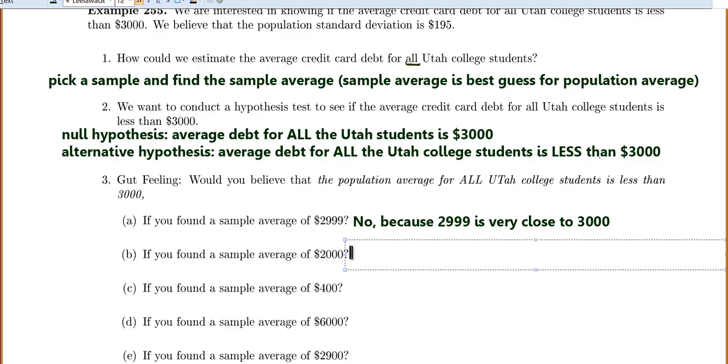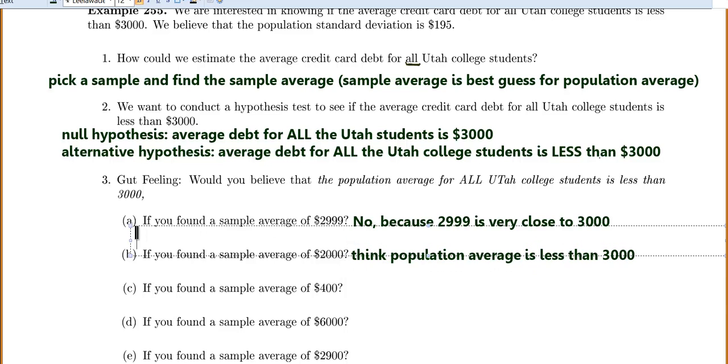What if you found a sample average of 2,000? Would you believe that the population average is less than 3,000? Well, 2,000 is really different from 3,000, and I would be really suspecting that the population average is less than 3,000, because a sample average of 2,000 is very different from my hypothesis of 3,000.